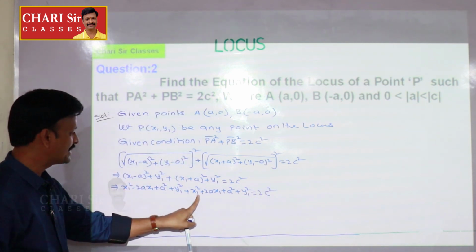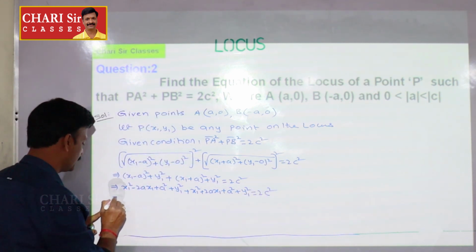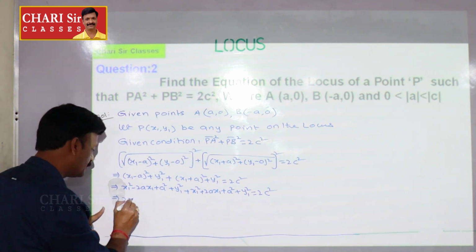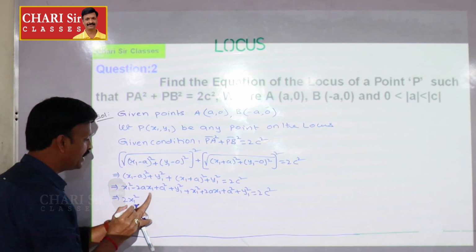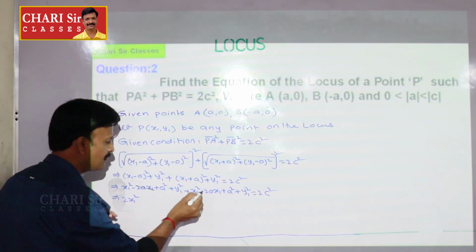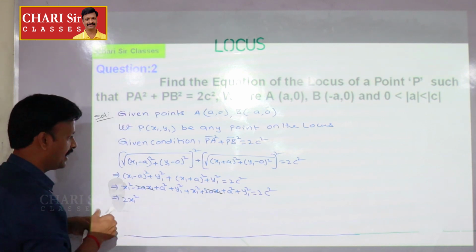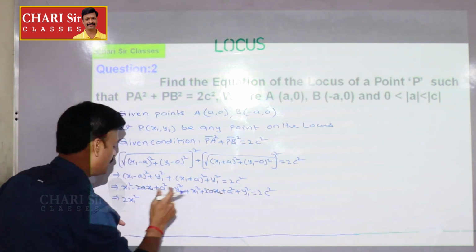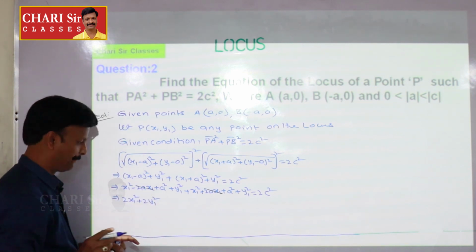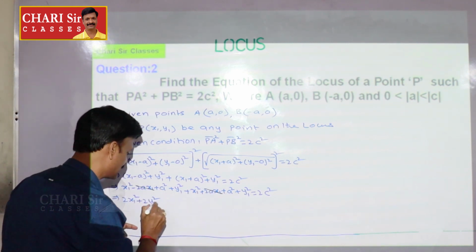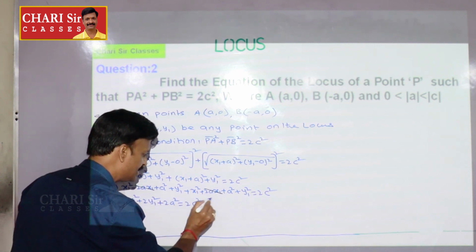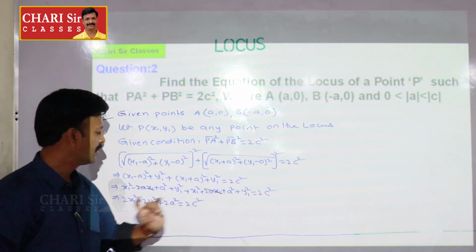Now x1 square plus x1 square, we can write 2x1 square. Minus 2ax1 plus 2ax1, the negative term and positive term get cancelled, and also y1 square plus y1 square you can write as 2y1 square, and also a square plus a square is 2a square, which is equal to 2c square. These are the only terms.